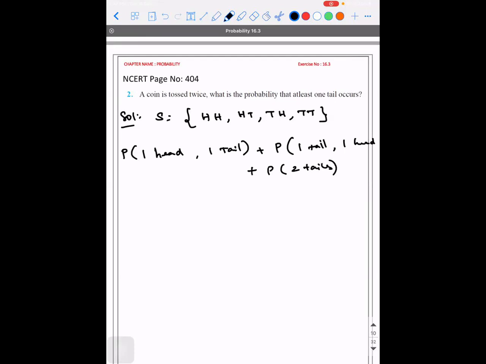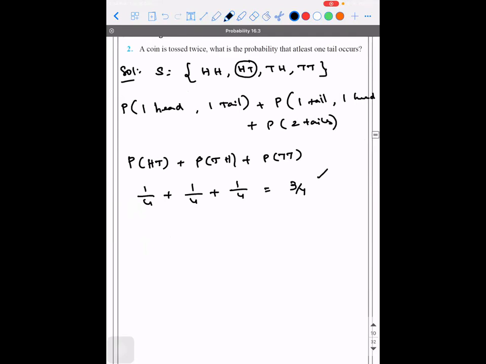So what is the probability of getting head, tail, tail, head, plus two tails? Head tail is 1/4. Equally likely events. Tail head is 1/4. Tail tail is 1/4. Answer is 3/4. Okay, this is the answer.